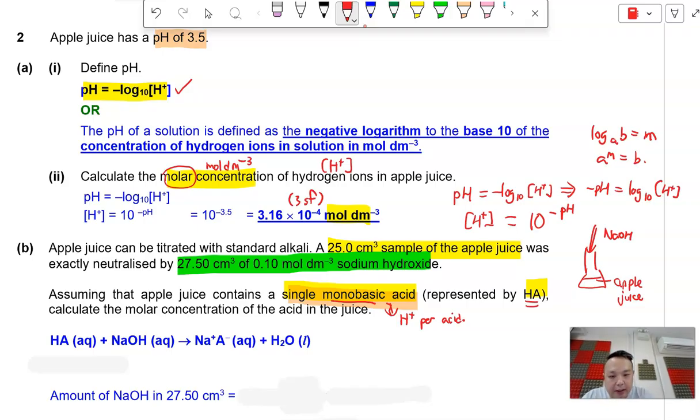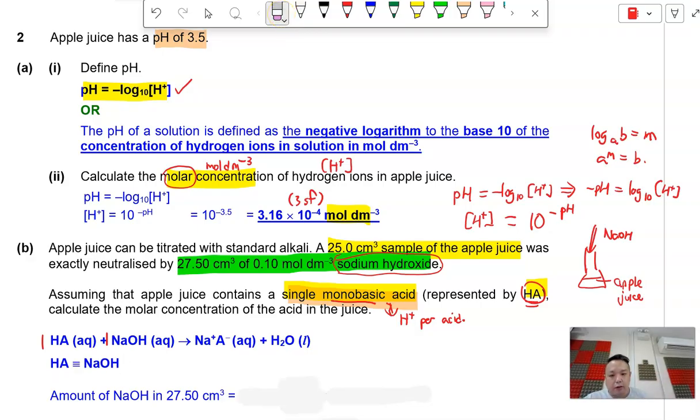This is typically represented as HA. So why is this important? It's so that we know the mole ratio between the acid and sodium hydroxide. In this case, because it's a monobasic acid, HA will react with NaOH in a 1:1 ratio.